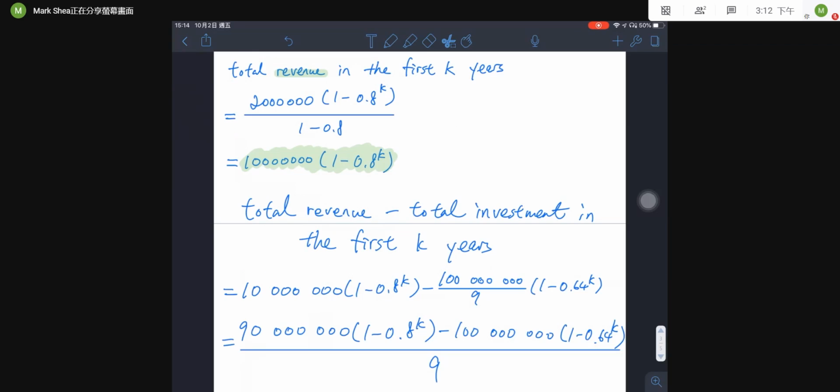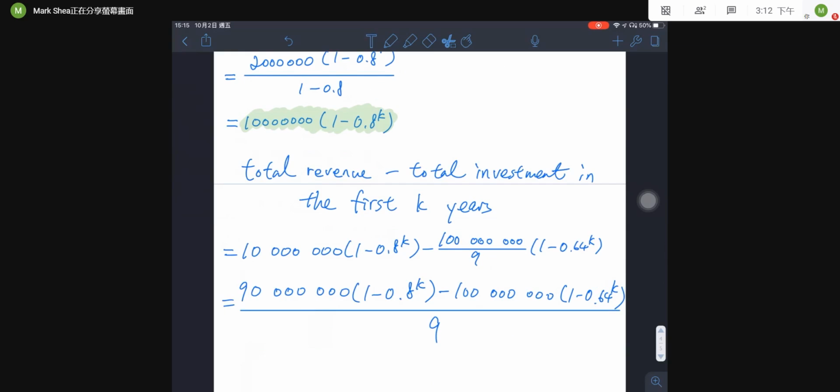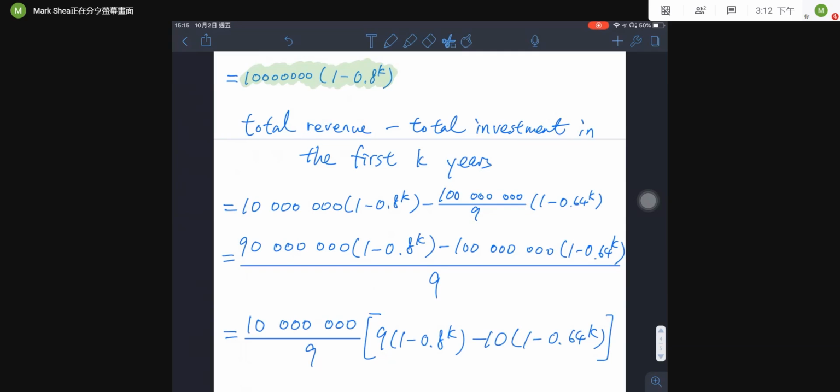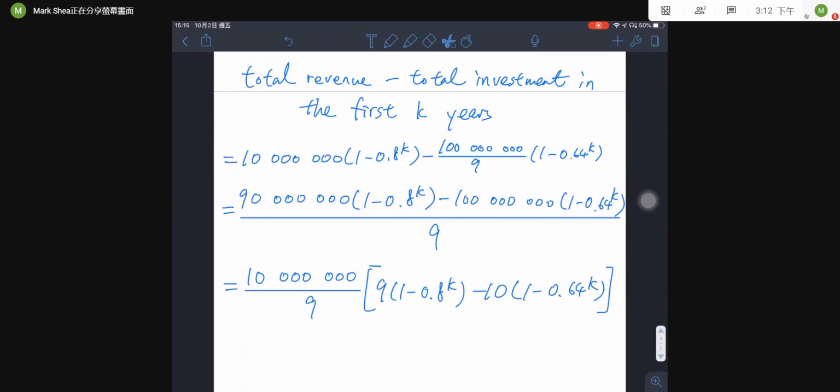So with the common denominator, we have 90 million times 1 minus 0.8 to the power k minus the numerator in the investment. Then the next step is to take out the common factor, 10 million over 9.